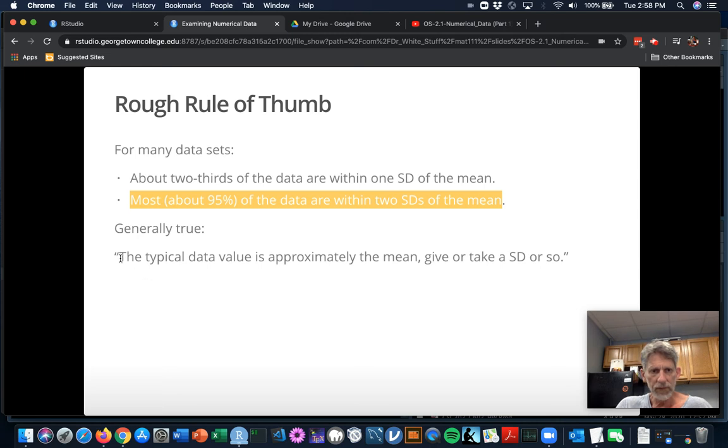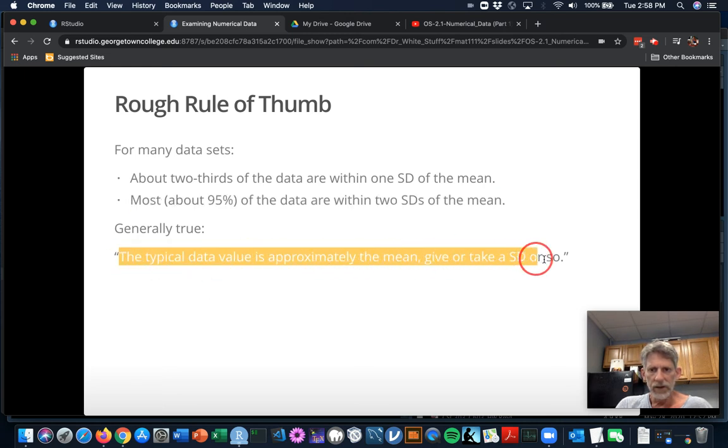So that's why this standard deviation is such a great give or take figure, because the typical value is going to be approximately the mean, give or take a standard deviation or so. It's going to be kind of unusual to see a data value that's more than 2 standard deviations above the mean. Kind of unusual to see a data value that's more than 2 standard deviations below the mean.